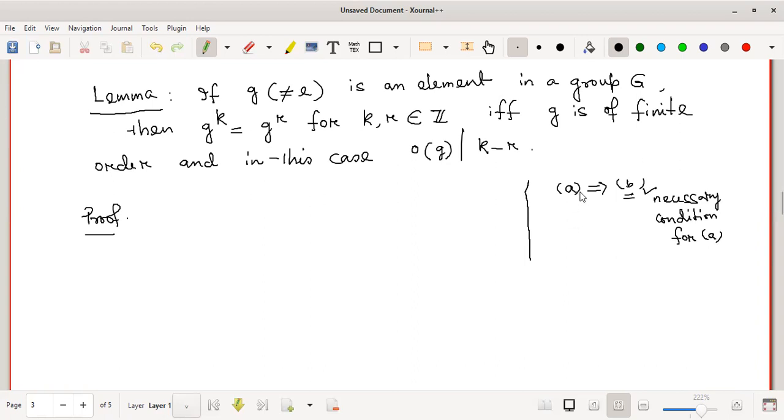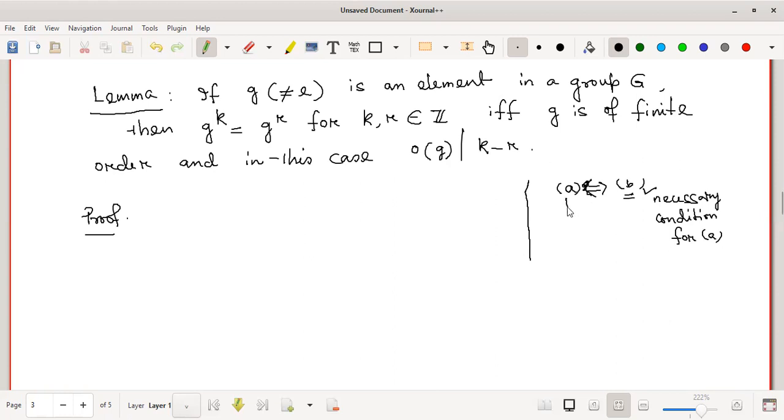Now, if this is a both-way traffic, then, suppose this: if A is true, then B is true.